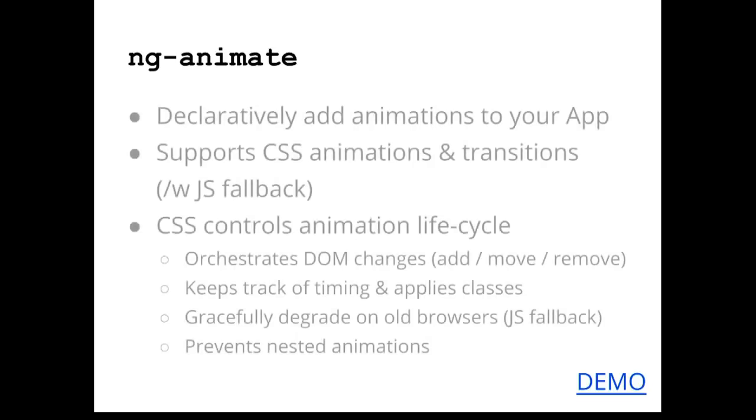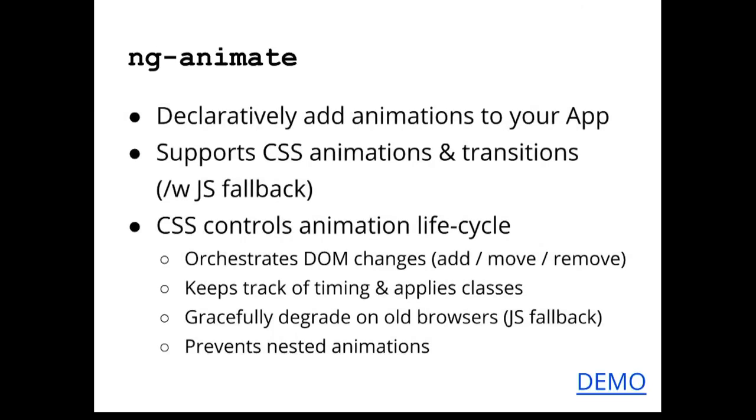So here's what we came up with. We came up with a new directive called ng-animate, which collaborates with a service called $animator. And with this directive, you can declaratively control animations. Angular will do most of the grunt work. These animations work with CSS transitions and animations. We also give you the option to do JavaScript fallback if you have to.